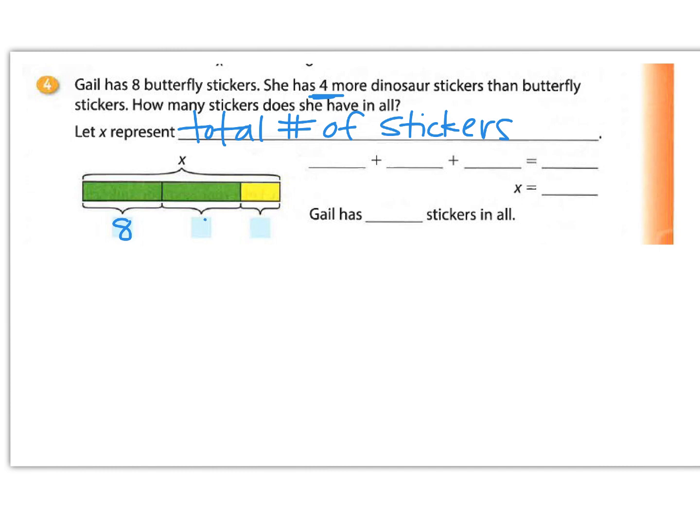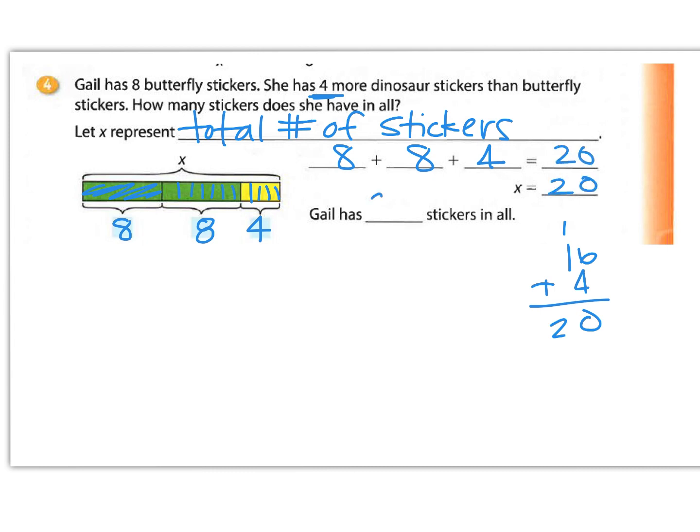So she has 8 plus 8 plus 4. So 8 plus 8 is 16. And then 16 plus 4 is 20. So x equals 20. Gail has 20 stickers in all.